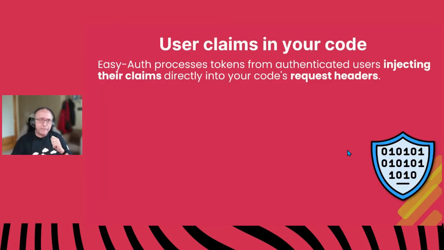Claim the code. As I said, the request arrives at the middleware. The middleware manages all the security stuff with the identity providers for you, and then injects the claims, the identity information, into the request headers.